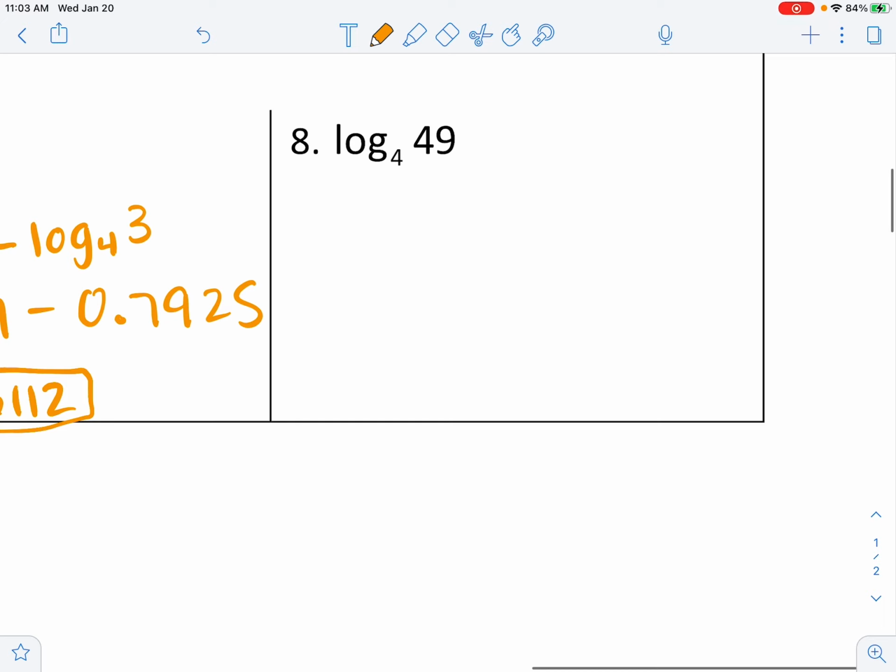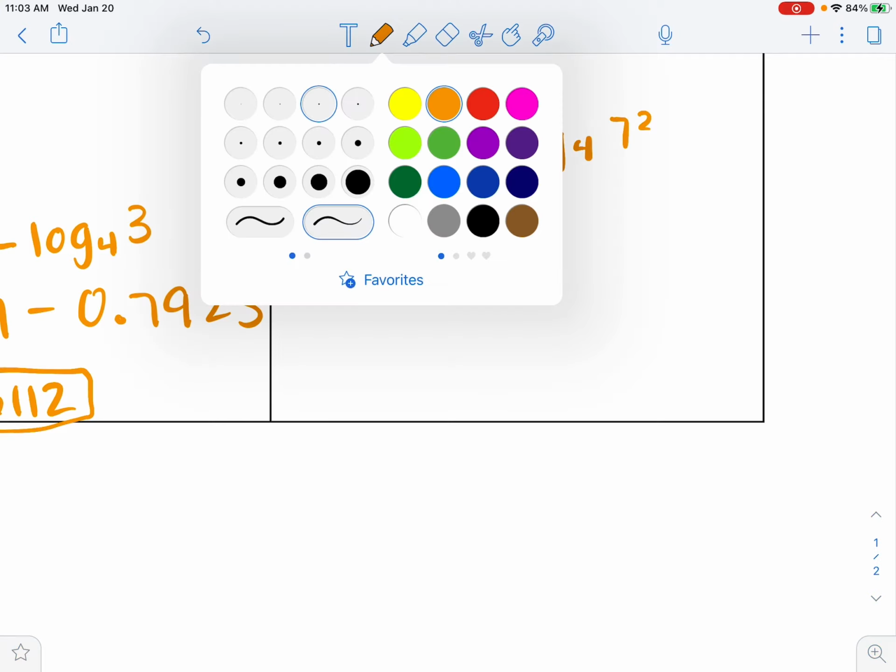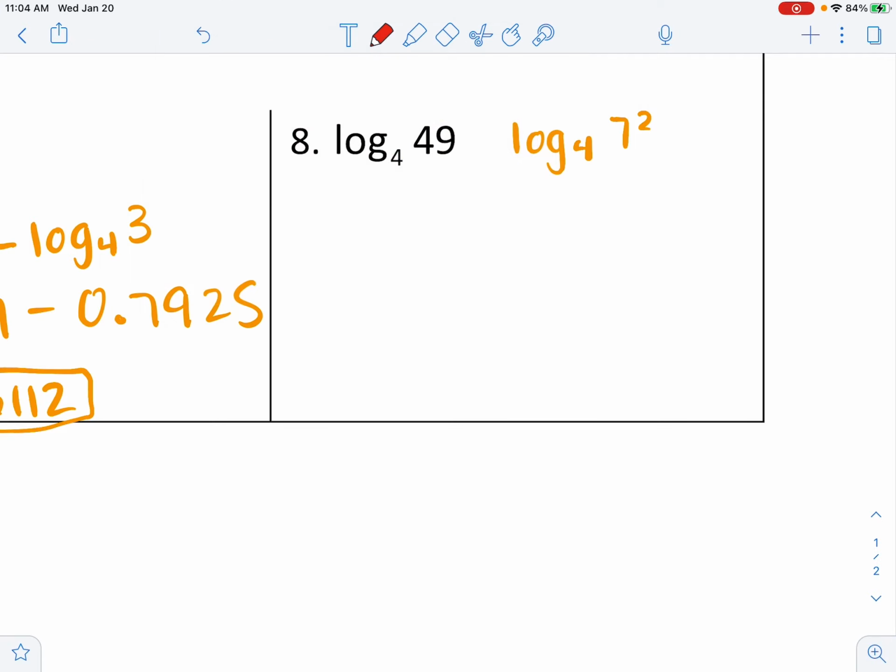All right, and this last one here, I've got log base 4 of 49. How can we rewrite 49 using only 3s, 4s, or 7s? Well, we know that 49 is the same as 7 squared. Now, how does that help us? Because now we've got 7s, but we have that squared. What do we do with the squared?